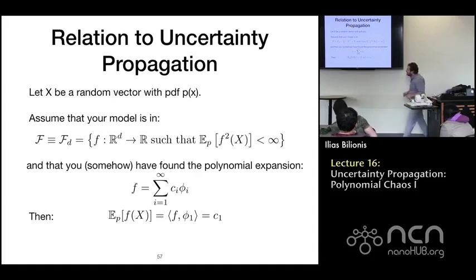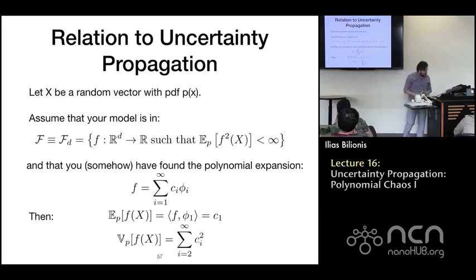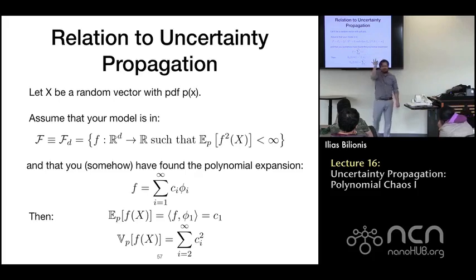So if you put here 1, this becomes the expectation of f, because this is the definition of the expectation of f times phi1. If phi1 is 1, then you get the expectation of f alone. That's all. Anyway, the first one picks the expectation.